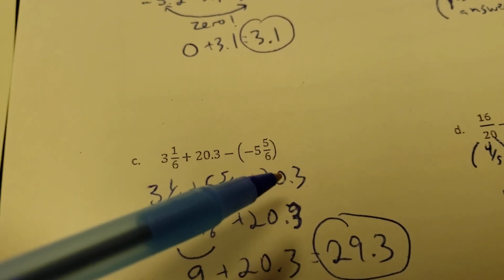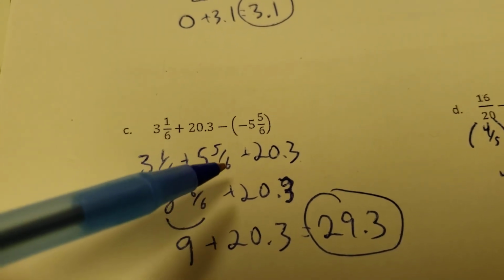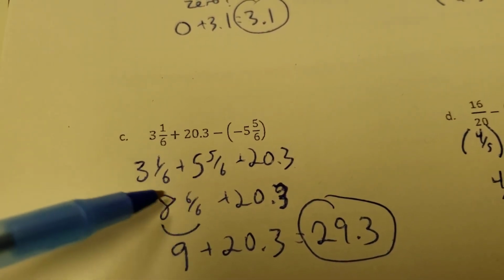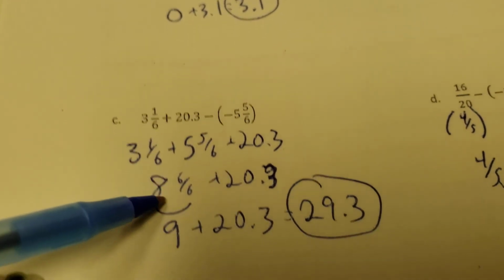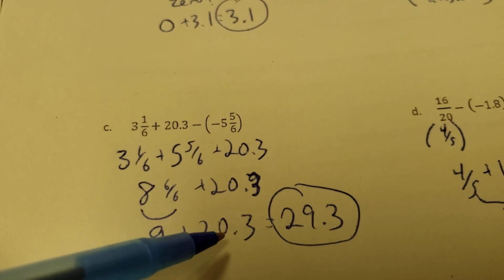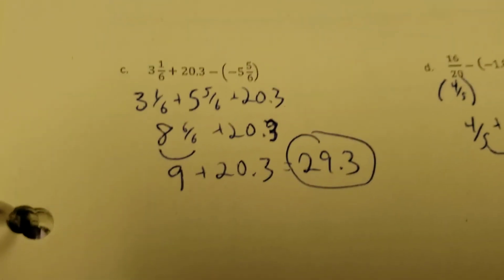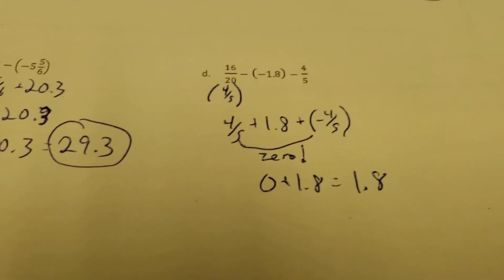We have to convert it all the same, but let's see how this plays out. If I took a 1/6 plus a 5/6, I get 6/6, and of course I get 8 for the whole number. Well, 6/6 is actually 1, so 8 and 6/6 is actually saying 9. And 9 plus that decimal number is just 29.3. So I never had to do any conversions because I end up lucking out and getting a whole number out of the mixed number grouping.